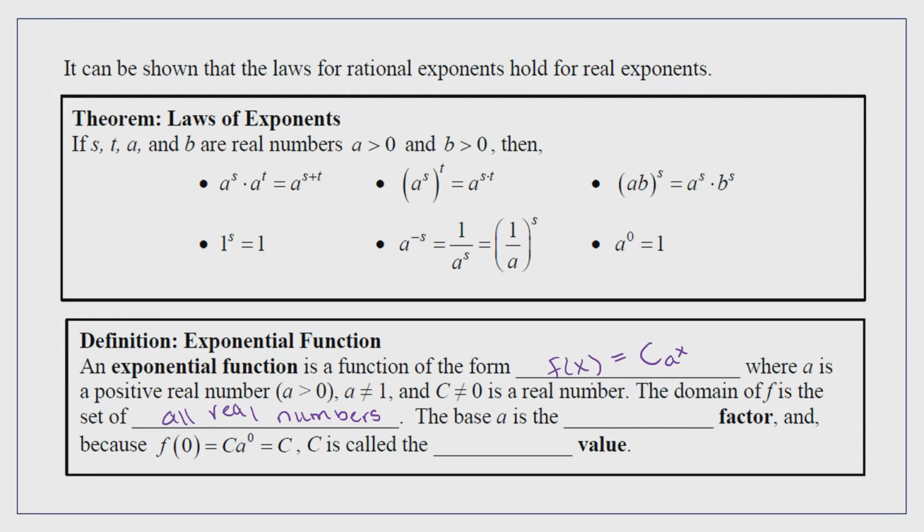The base a is the growth factor, and because f of 0 equals c a to the power 0, which equals c, c is called the initial value. Okay, so that is the basis for our exponential functions.